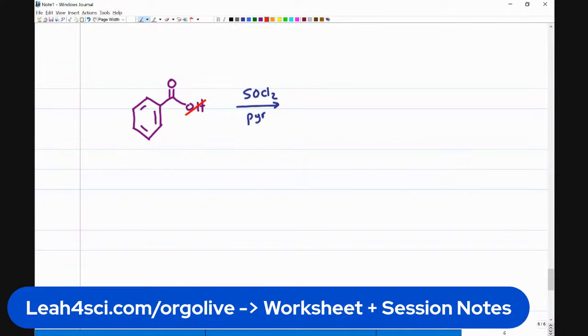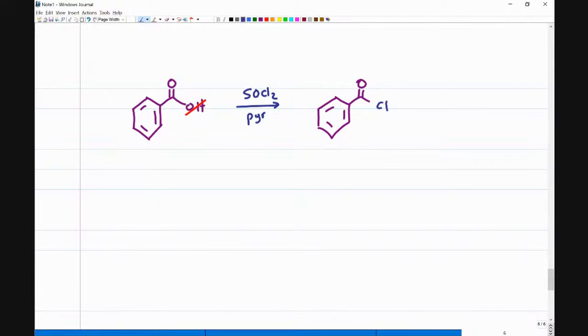You cross out the carbonyl, you draw the rest of your skeleton exactly as you see it, and then where the carbonyl was, the Cl is, and that's it. Much simpler, much easier, quite a simple reaction actually, if you don't have to do the mechanism. All right, so that covers the acid halide.